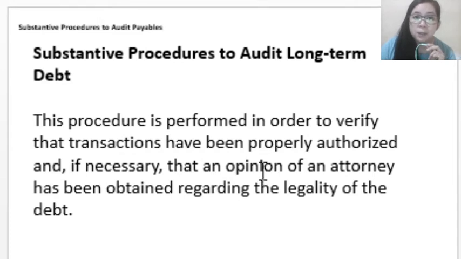Because in terms of long-term liability, normally there is a contract between the debtor and the creditor.